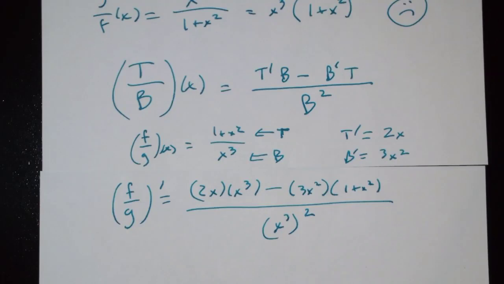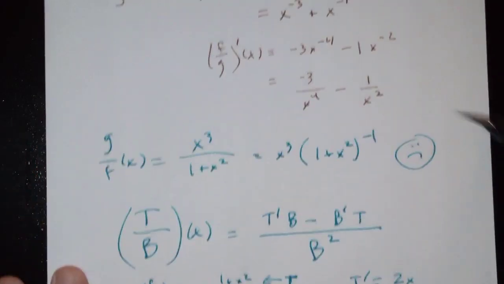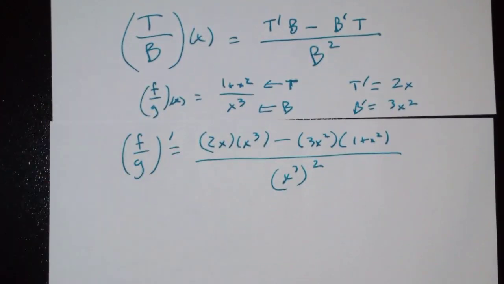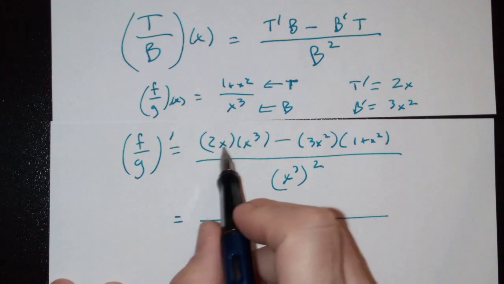Now, I'm the first person to tell you that this does not look like the same thing we had before. This certainly does not look like this until we do the algebra. Multiply this out, what do you get?